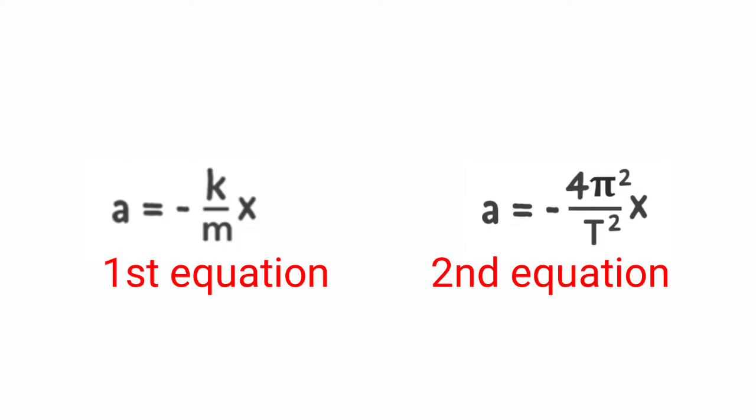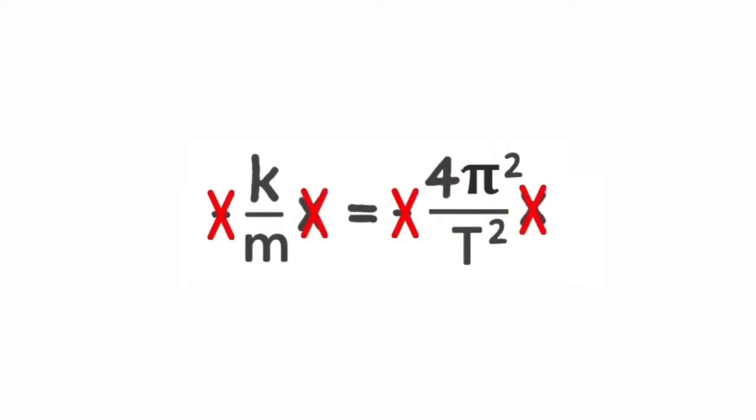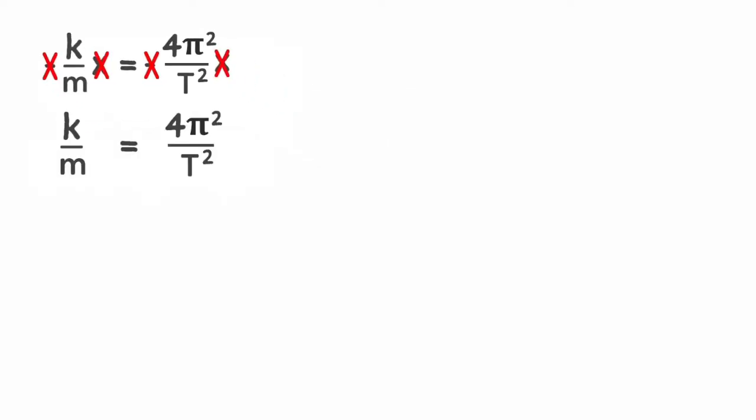Now, we will combine these equations to derive the formula for the time period. We will write it as negative k over m times x equals negative 4 pi squared over T squared times x. We will now cancel the x and the negative sign because both sides have it. It will become k over m equals 4 pi squared over T squared.